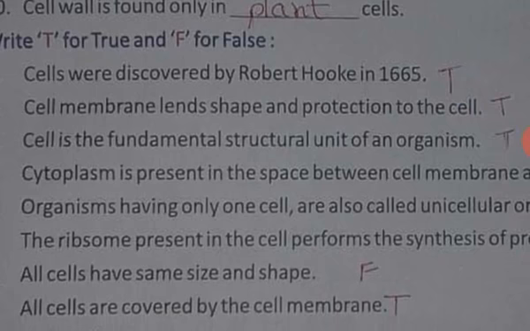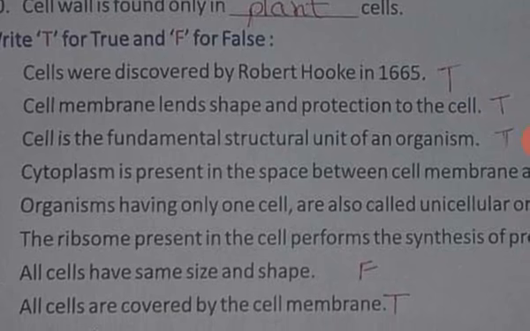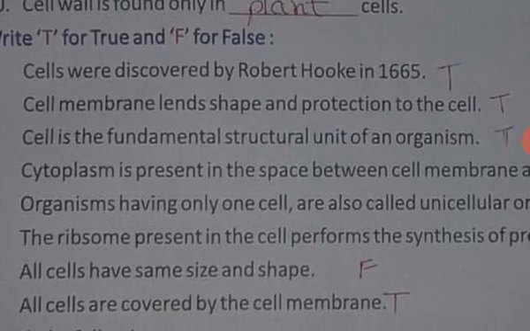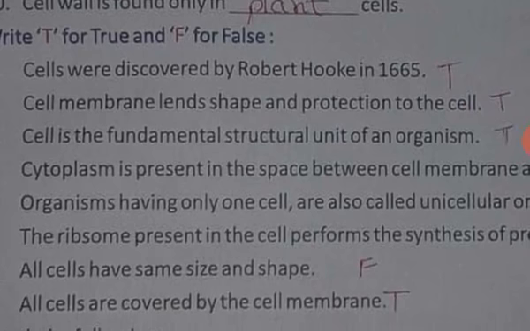And the eighth, nerve cells is the largest cell. Nerve cells is not the correct answer, and the correct answer is ostrich egg.